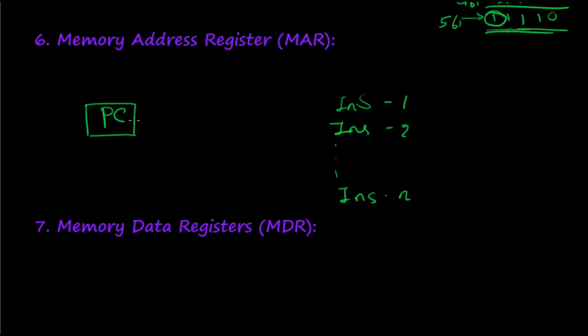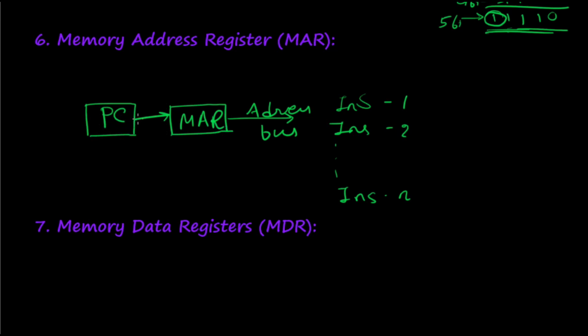So for that purpose, in between the address bus and the program counter, we always keep a buffer which is the memory address register. So the PC will not directly give the address of the next instruction to the address bus.